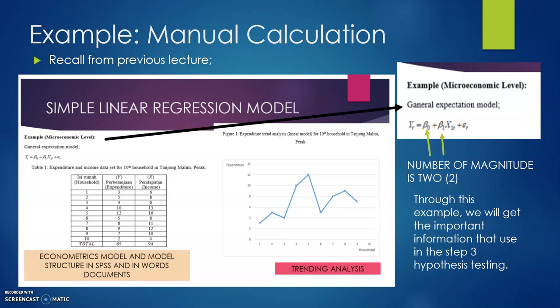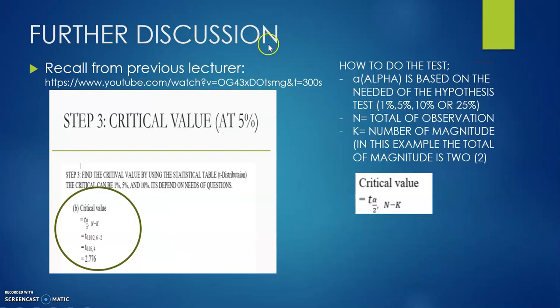Beta 1 and beta 0 will be represented as k in the hypothesis testing in step 3. Let's recall again the previous lecture. You can see this slide, where in step 3, the critical value will use the specific formula, that is t alpha divided by 2, n minus k.